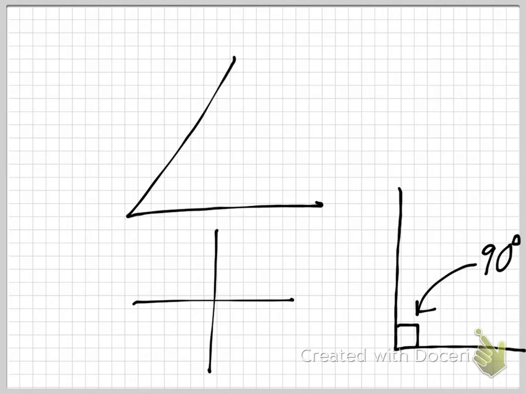Maybe it's not 90 degrees. Maybe it's 89 or 91 degrees. Since I'm not perfect and I'm not going to be able to draw it perfectly, if I want you to know that what I meant to draw was a 90-degree angle, I'm going to put that little box there, and all of a sudden, oh, I get it. He tried to draw a 90-degree angle. Does that make sense?